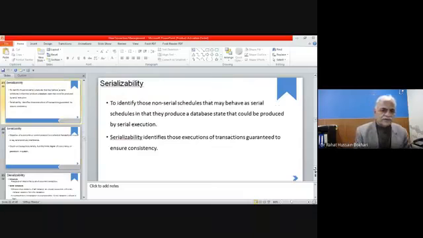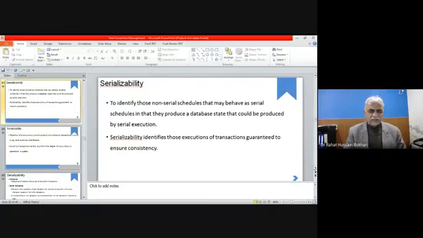Now again, we have to discuss serializability. We say that the transactions should be carried out in a serial way. If they are carried out in a serial way, we may avoid such things. So the goal is to identify those non-serial schedules that may behave as serial schedules, in that they produce a database state that could be produced by a serial execution.